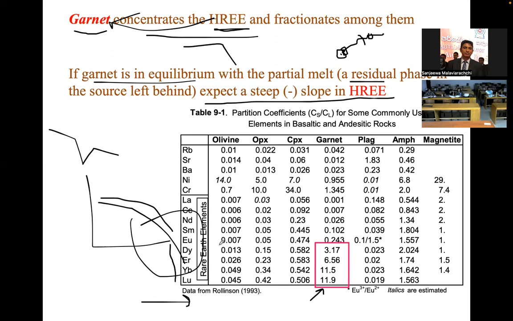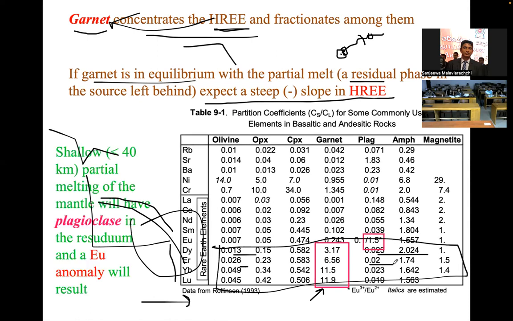I think we compared these values last time. You see very small numbers for other minerals, but for garnet it's a big number. So definitely you will see some negative behavior.